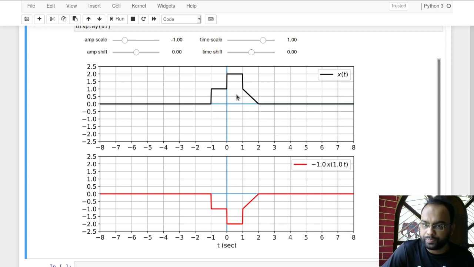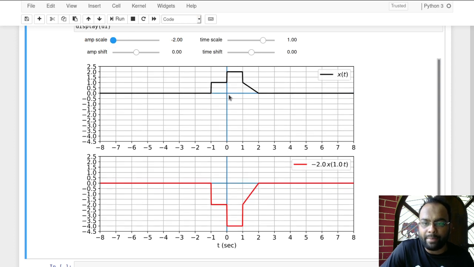All right. So similarly, if I just do an amplitude scaling with a value of -2, you can see what happened here. All the amplitudes basically got multiplied by -2, right? So it got flipped and got scaled. The flipping happened because of this minus sign. If you have a minus sign here, the signal gets flipped about the horizontal axis.